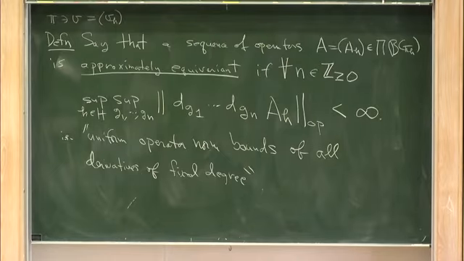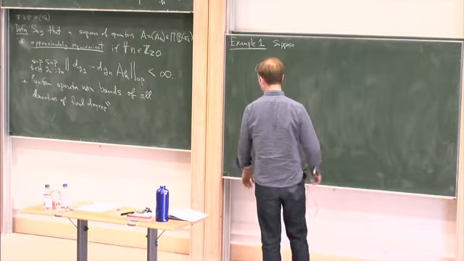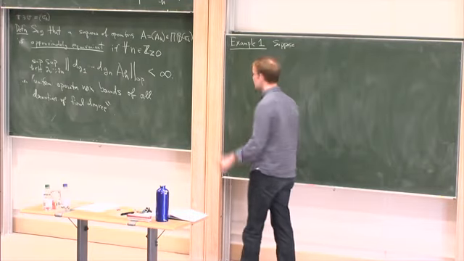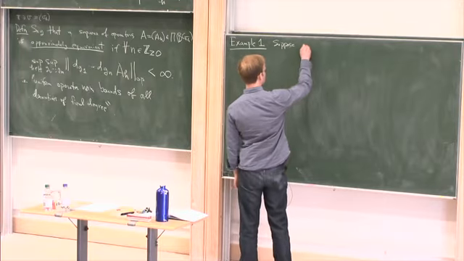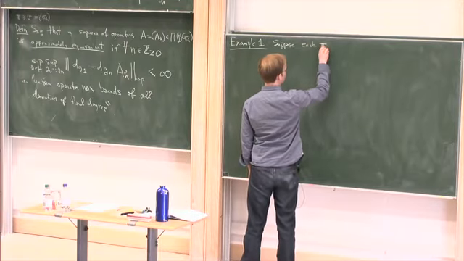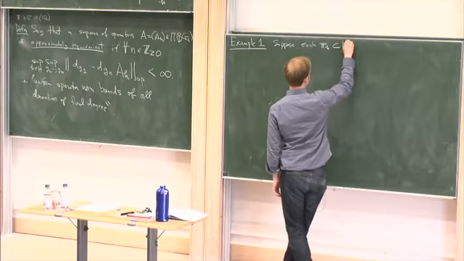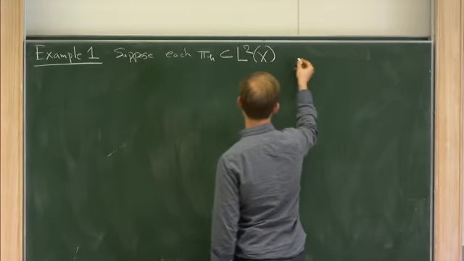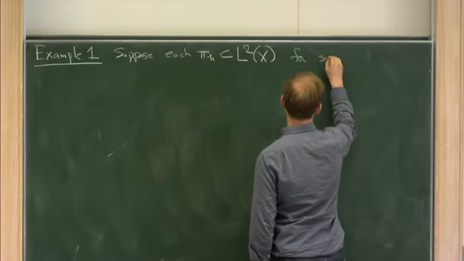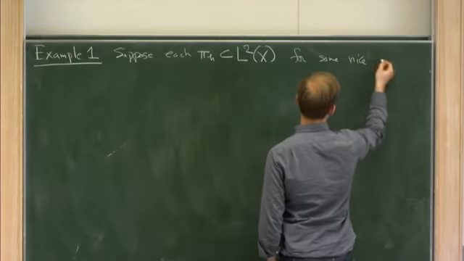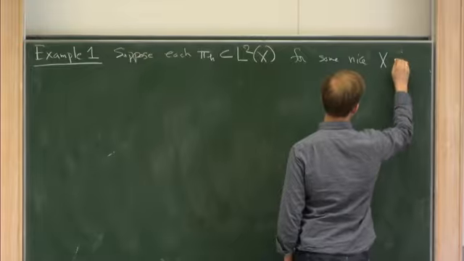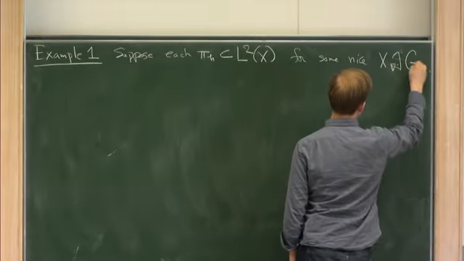So example 1, let's suppose... This could be any sequence, absolutely. With the next definition, we will care. So let's suppose that each pi h belongs to some space L2 of x for some nice right G space x.